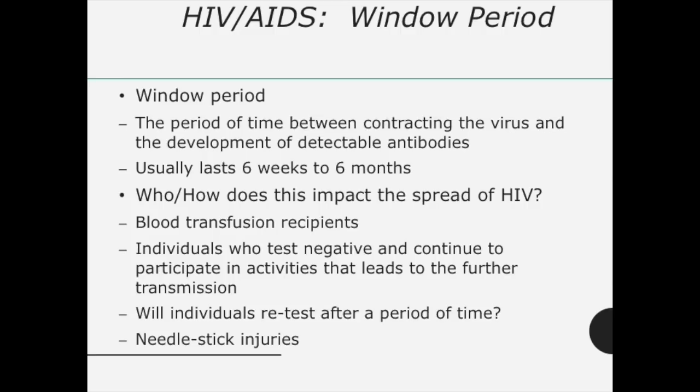If they donate before the 6 weeks where those antibodies would be detectable, then it's possible that someone with HIV could donate blood and it would not show up when they test all of that blood.